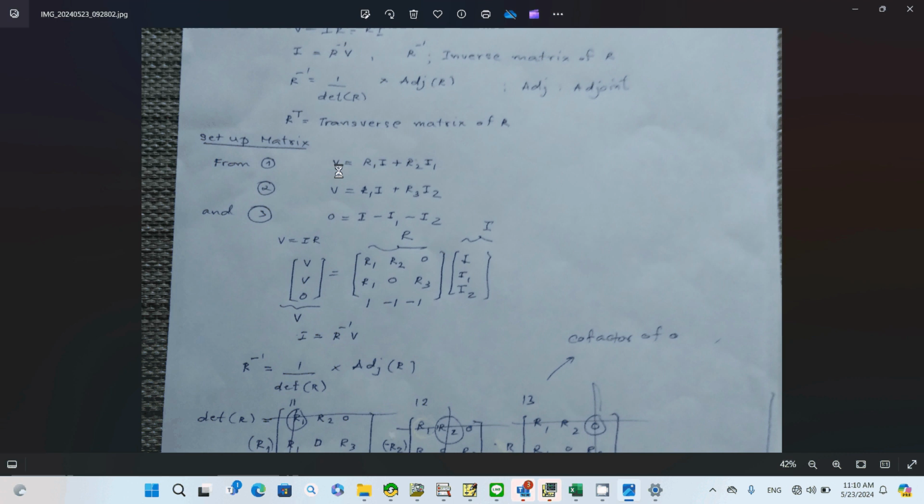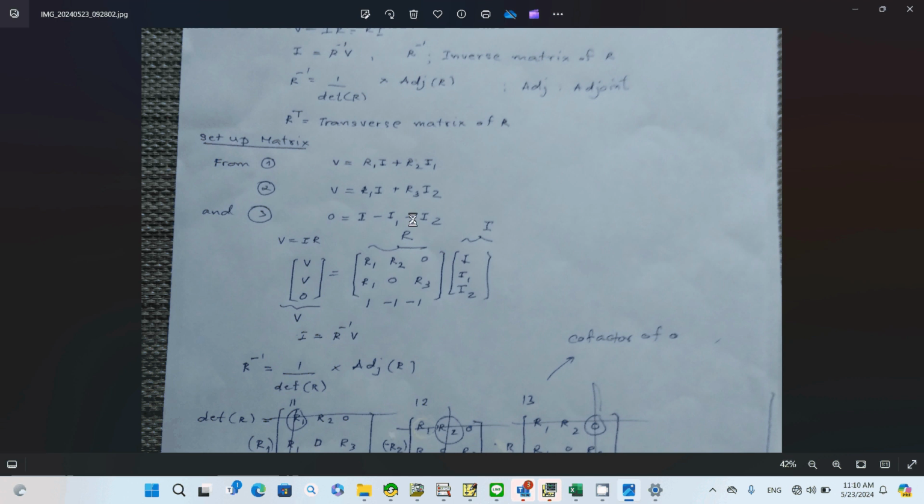So on the left you have V, V, 0, and on the right, if you work it out, it gives you 3 equations. It's going to be I R1, right? This one, and then I1 R2. And you don't have I2, so we just put 0 in here.